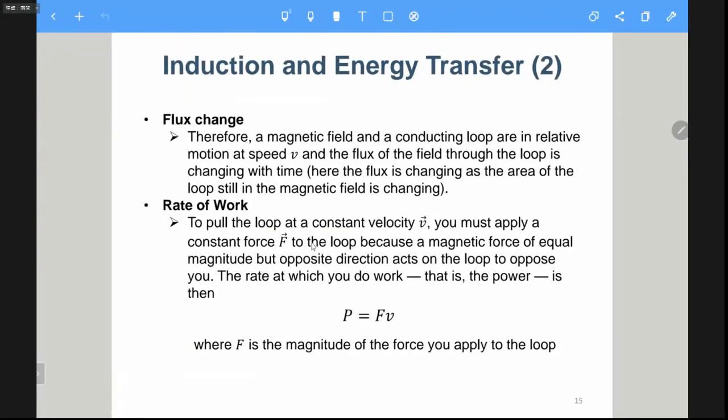A magnetic force of equal magnitude but opposite direction acts on the loop to oppose you, so the rate at which you do work, that is the power, is P equals Fv.